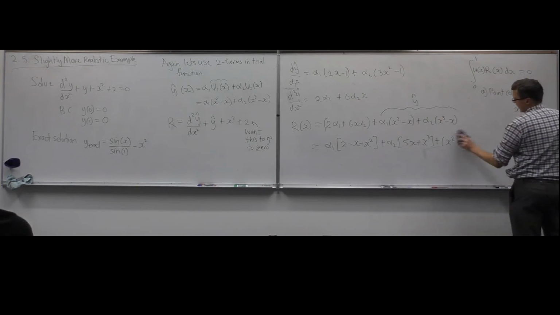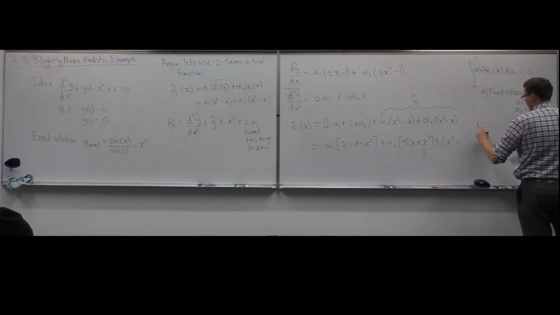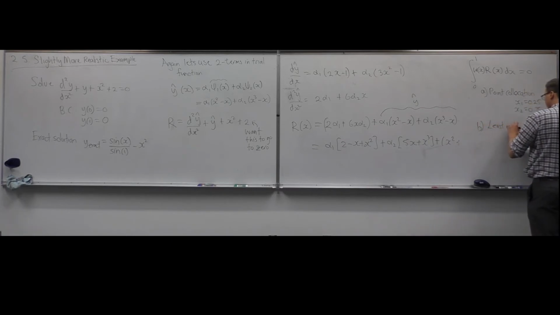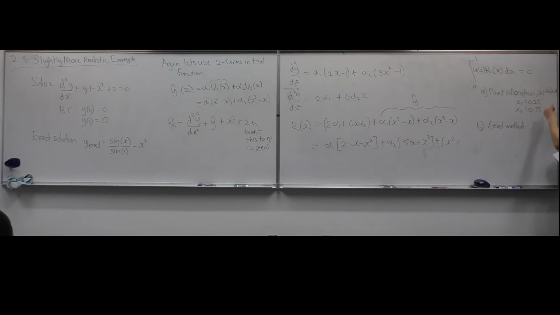And then we're also going to try the least squares method. In point collocation, the weighting function is equal to the delta function. In the least squares method, the weighting function is equal to the derivative of the residual with respect to the unknown terms.